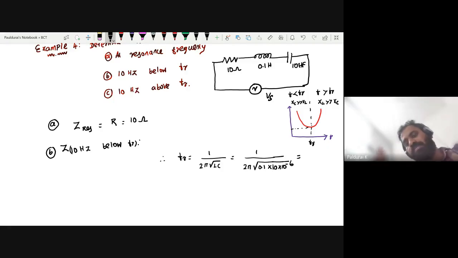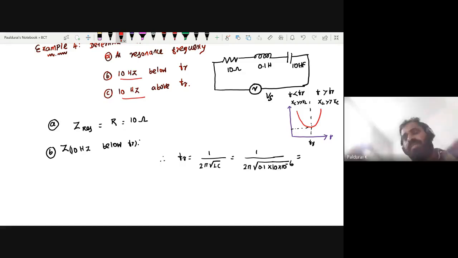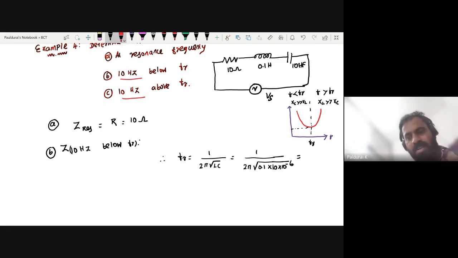Since here it is given in terms of hertz, 10 hertz below, 10 hertz above. 160 hertz. Okay, approximately you are telling it is 160 hertz.